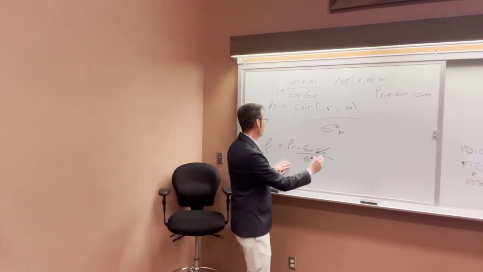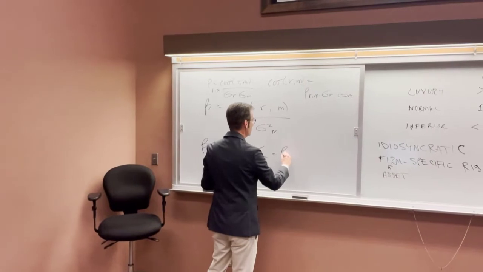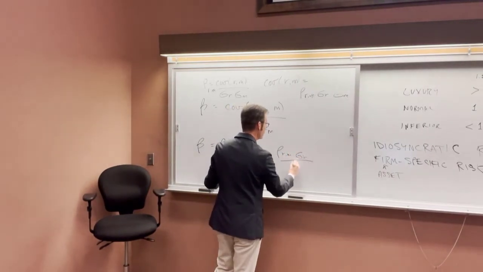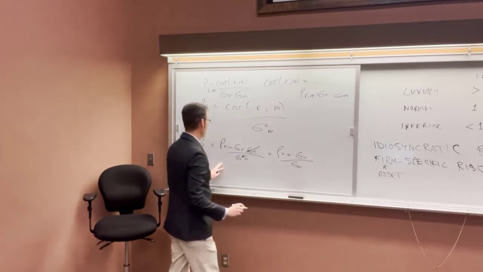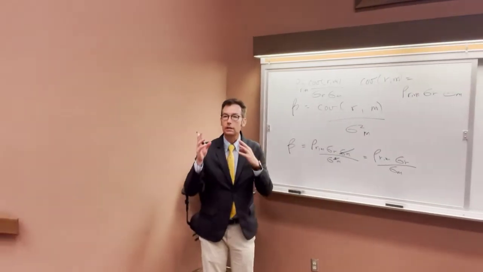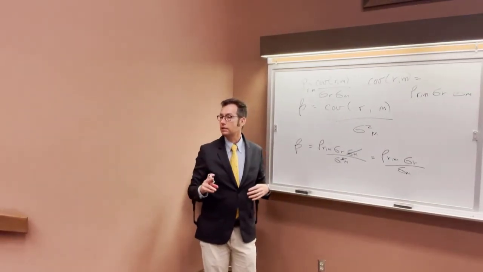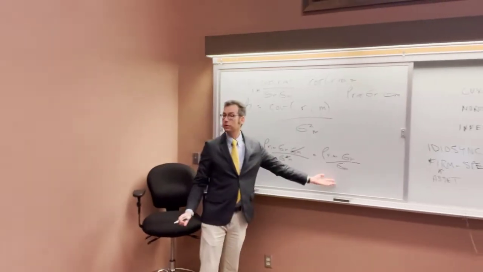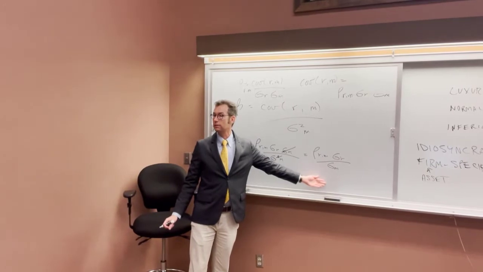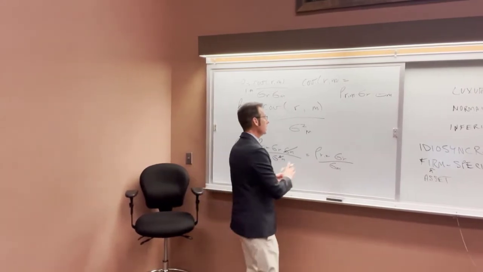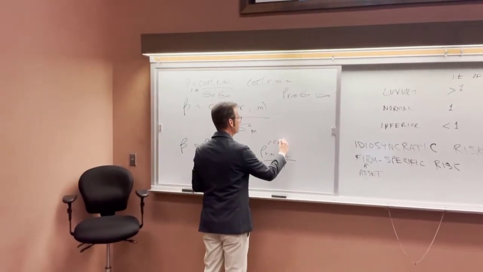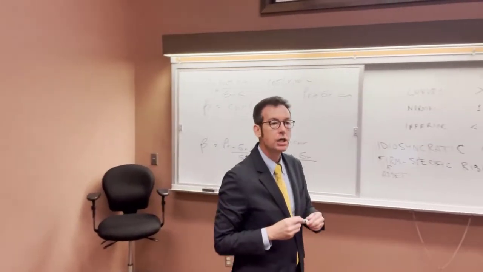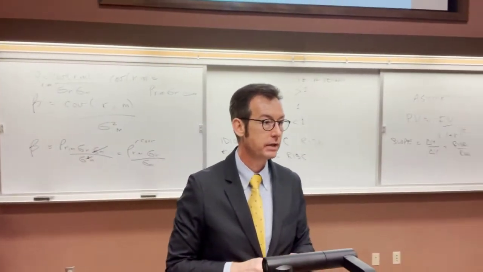No. And so what we've got here is correlation times the standard deviation of returns on the stock divided by the standard deviation on the market. Now, if you're the kind of person that can't do that algebra during an exam, write this one down too. Does that make sense? And keep in mind, this is correlation and this is covariance. You have to read to know what they've given you.